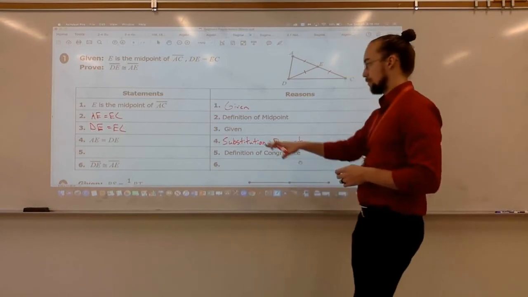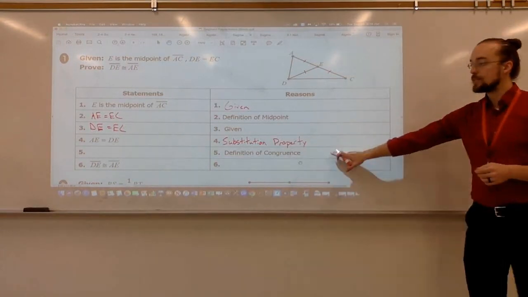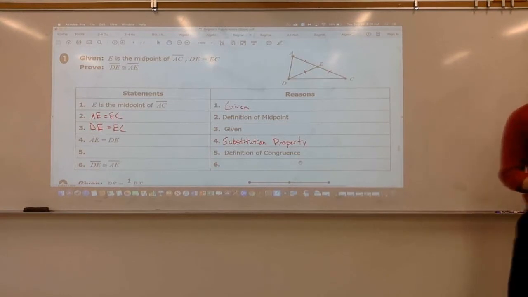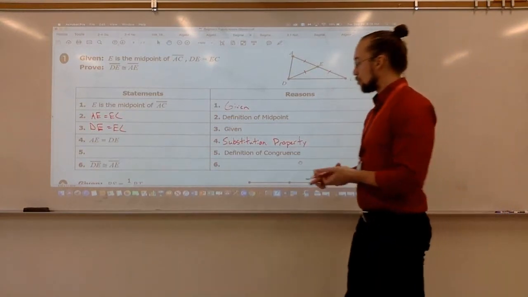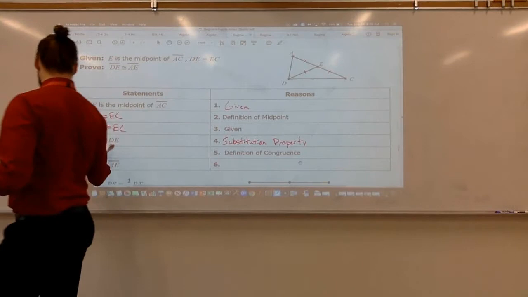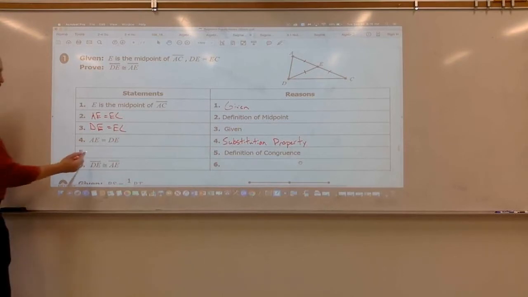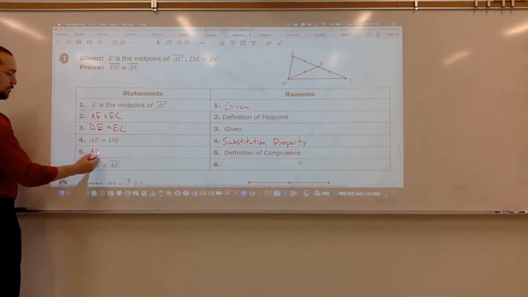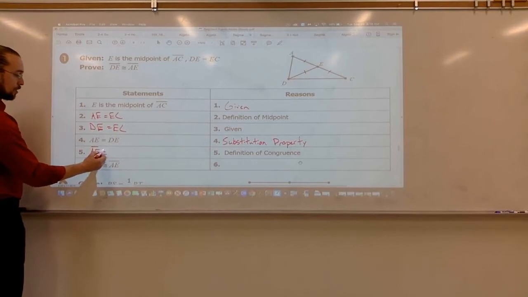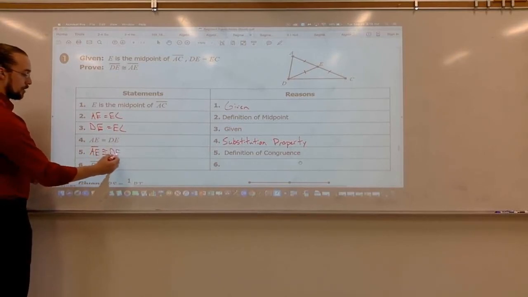So next, we have to fill in the statement, but they tell me the reason is definition of congruence. So if I have this statement, AE equals DE, what would I claim by the definition of congruence? AE and DE with the line over it are congruent to each other.